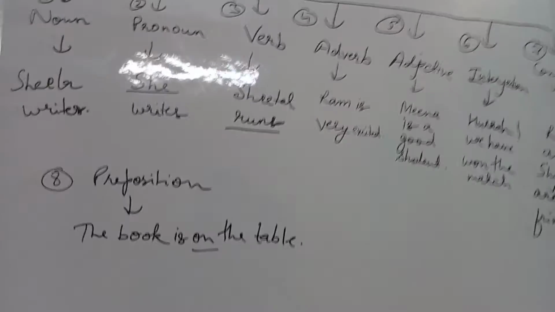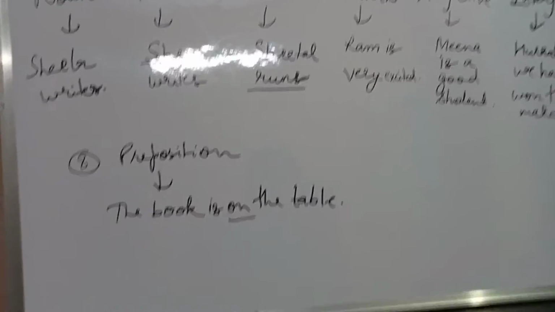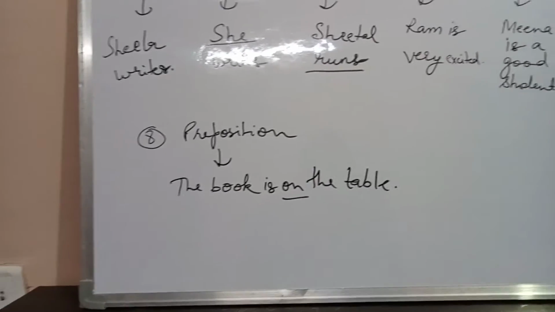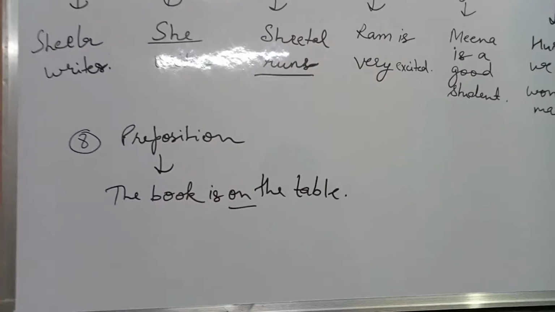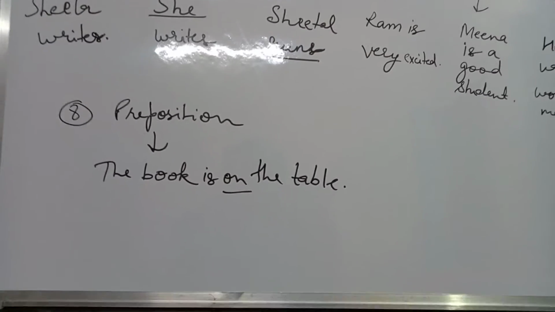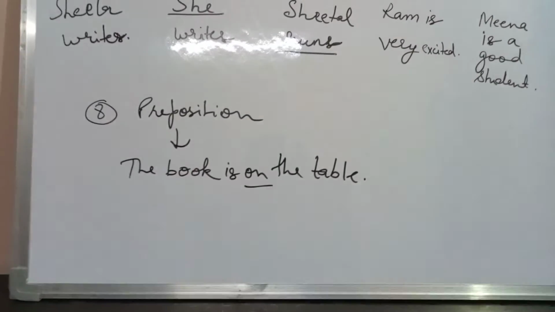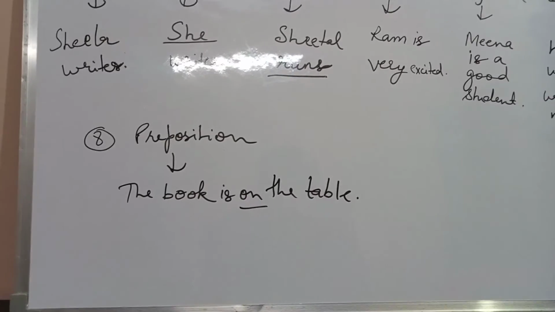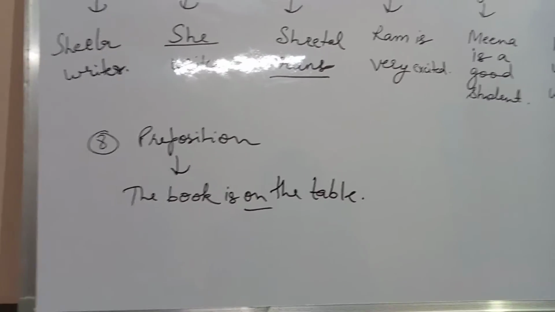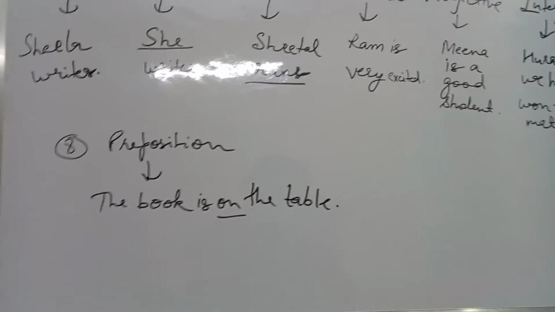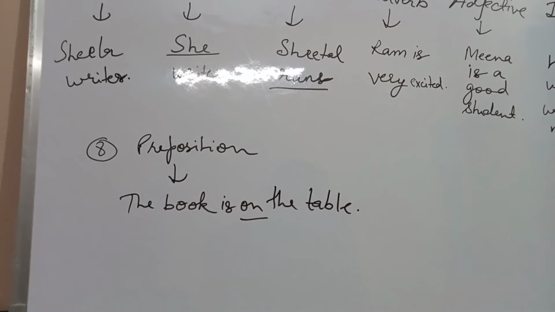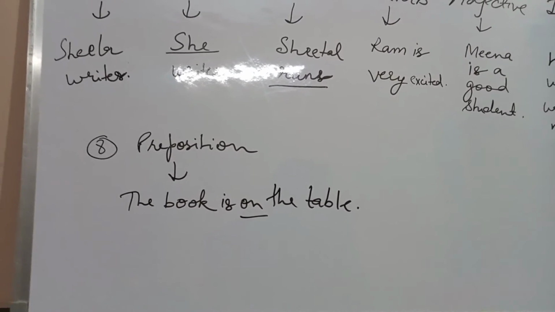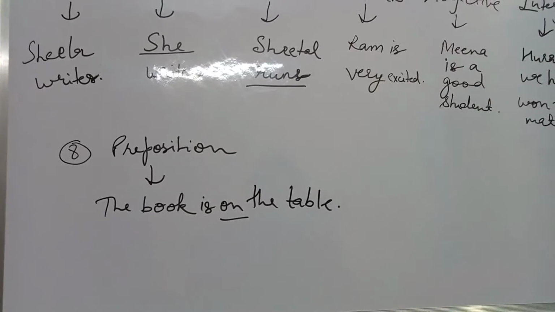Now talking about the last part of speech, which is preposition. Preposition is something we use when we denote where a particular thing is. For example, the book is on the table, the drum is under the bed. The pen is on the table, the cat is on the bed.